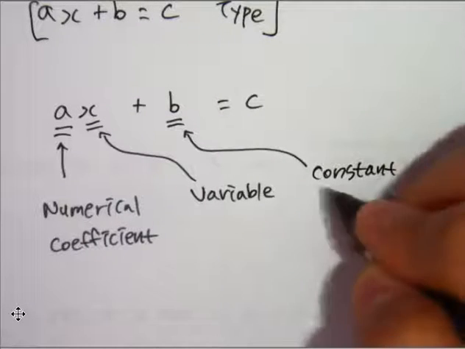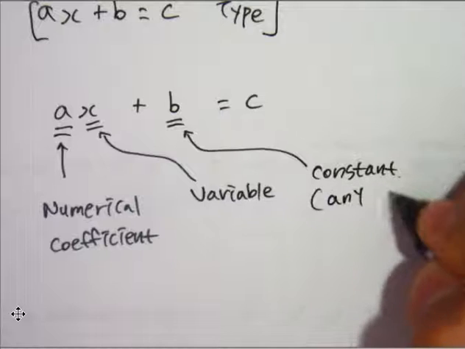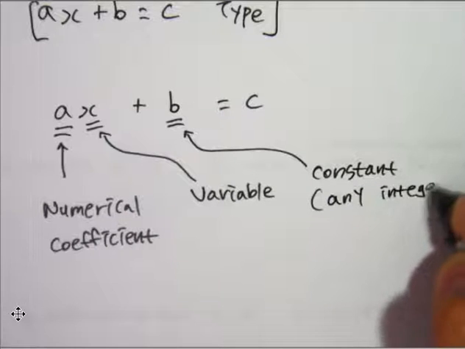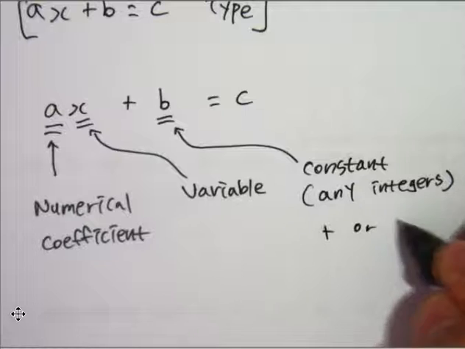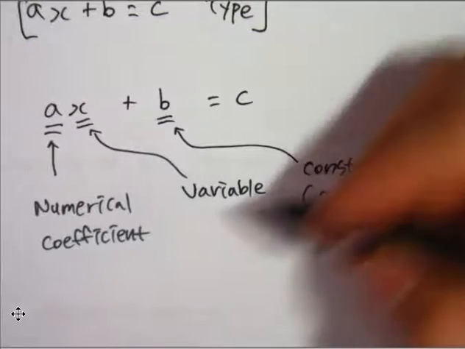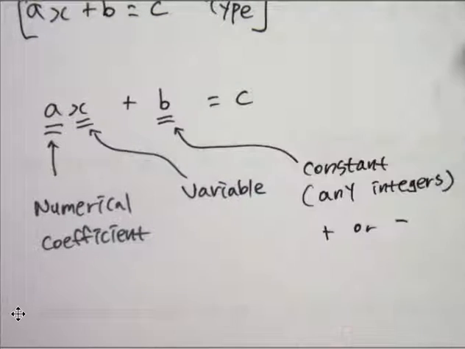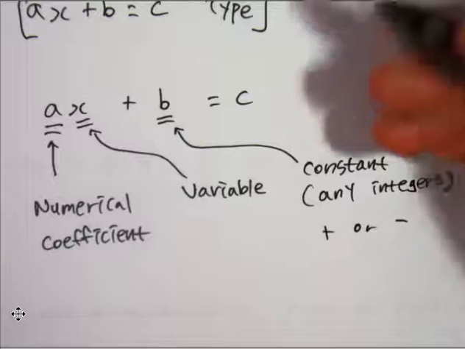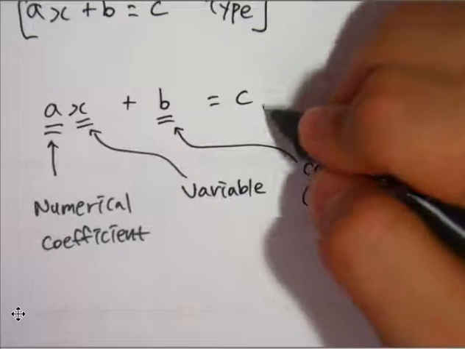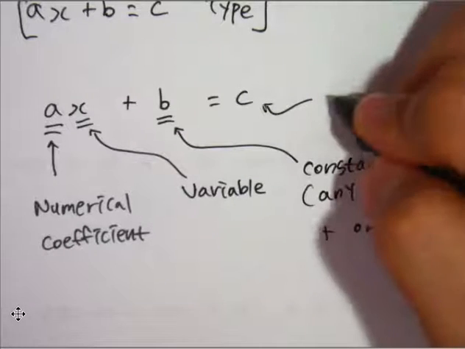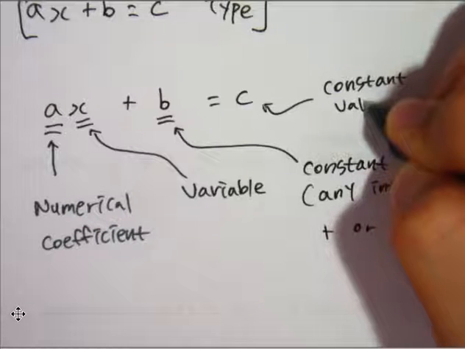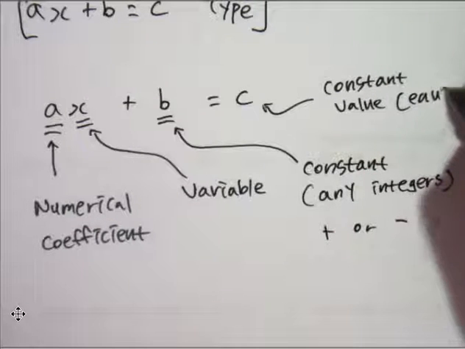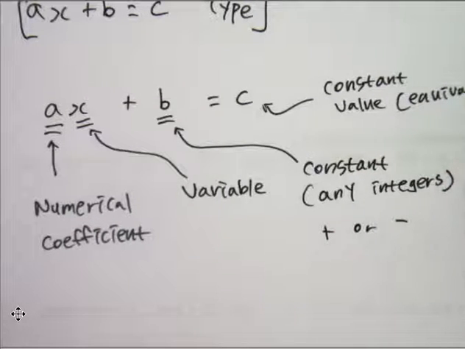And I like to say this constant can be any integer, which means it can be positive or negative. It can be added by 5, for example, or subtracted by 3, something like that. And c is one of those constant values that is equivalent. That's what this equal sign means.